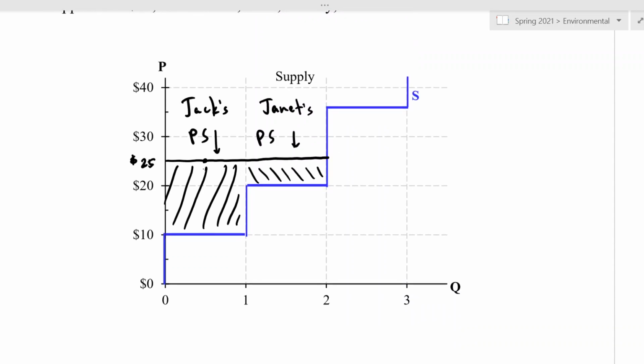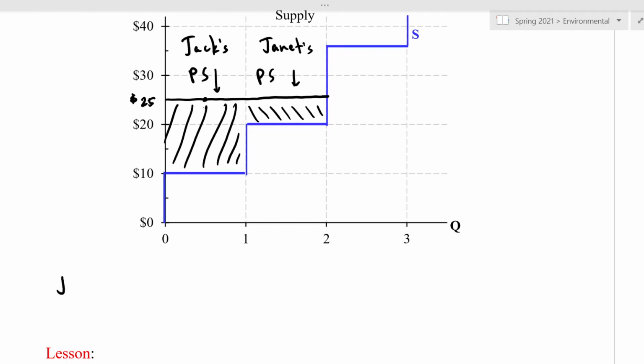Okay, so how do we calculate these? Jack's is the area of this box, which has a base of 1. So it's just 1 times 15, from 10 up to 25. That's $15. So that's Jack's. Let's do this properly.